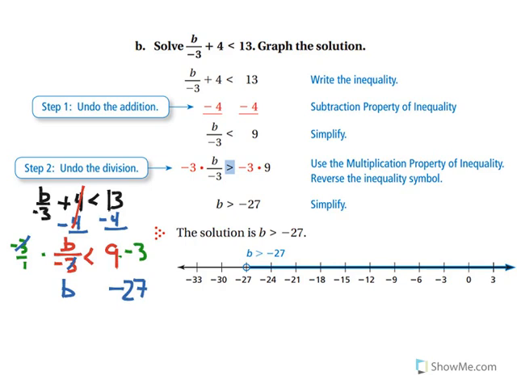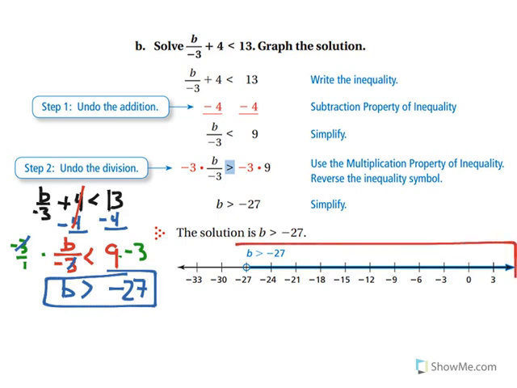That means, as we learned in chapter 4.3, part 2, we're going to have to flip the sign, so it's now greater than. So we end up having b is greater than negative 27. And so, as you see in the graph over here, we're going to go to the right of negative 27, and it's going to be an open circle since it's greater than.